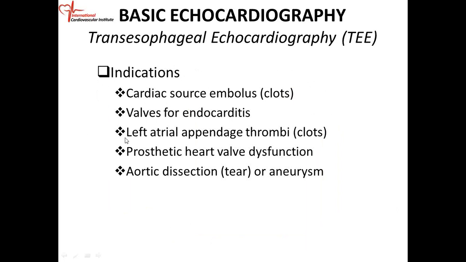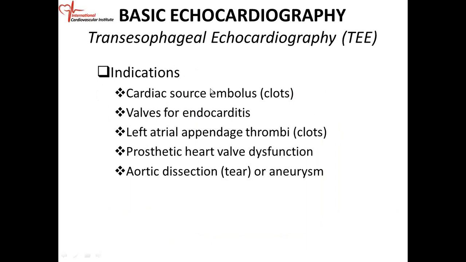So again, for cardiac source of emboli, left atrial appendage, prosthetic heart valve dysfunction. If the patient has, say, a mitral bioprosthetic or mechanical prosthesis, and you're looking for clots or vegetation, the transesophageal echo is a good technique to use.